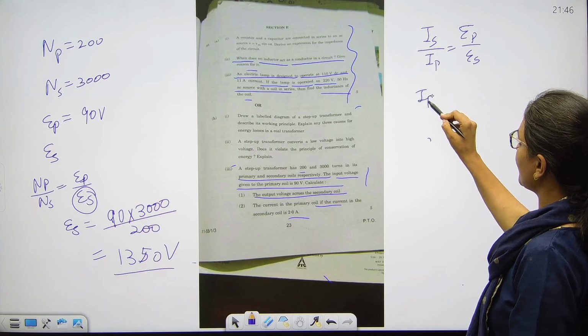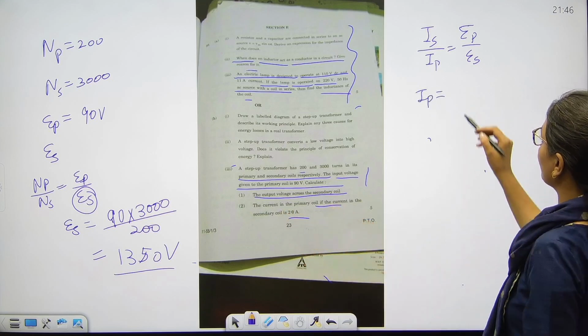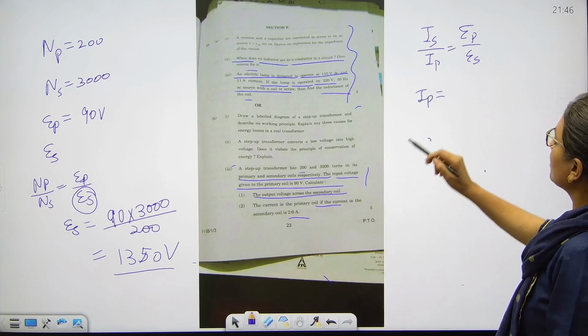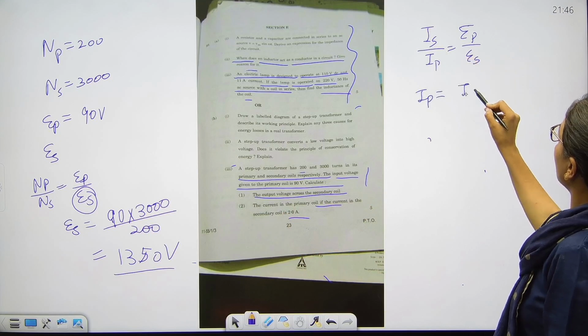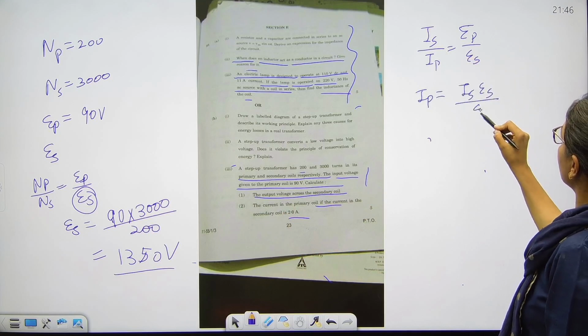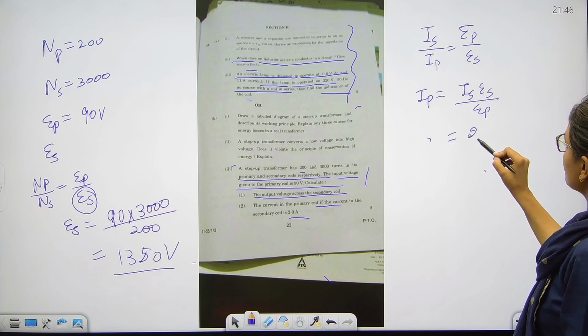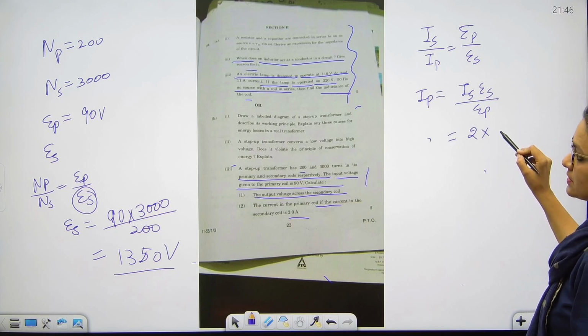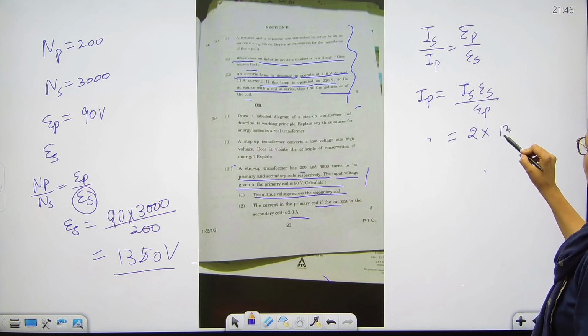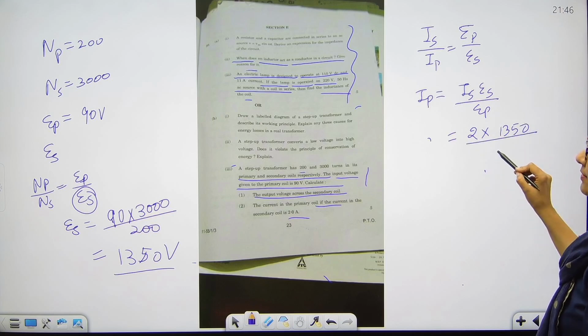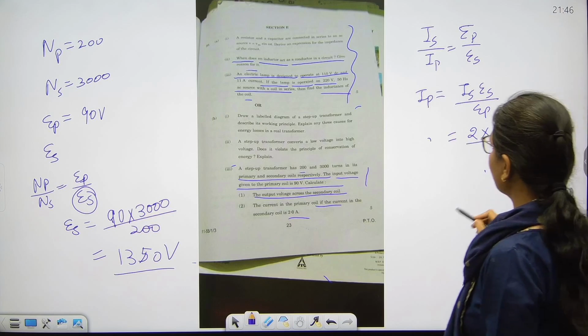Primary current we have to calculate now. So primary current will be IS into ES divided by EP. Secondary current is 2, secondary voltage is the one we have just calculated, divided by the primary voltage, 90. Just solve it and get the answer.